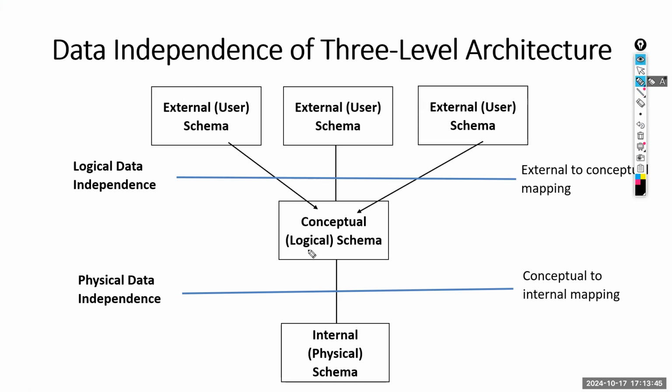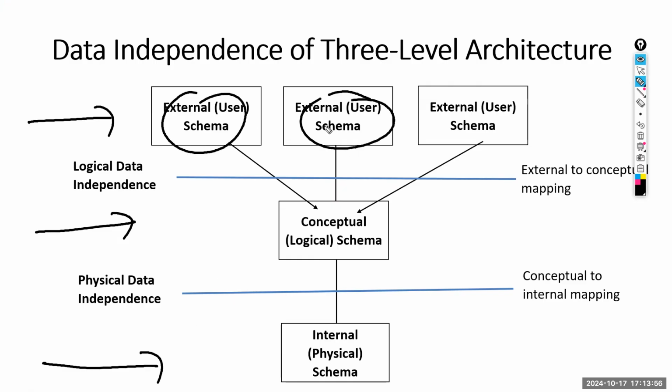Right. So this is the three-tier ANSI architecture. External view, logical or conceptual view, physical view. The external view is how different users look at it, like manager, data entry operator, section head.